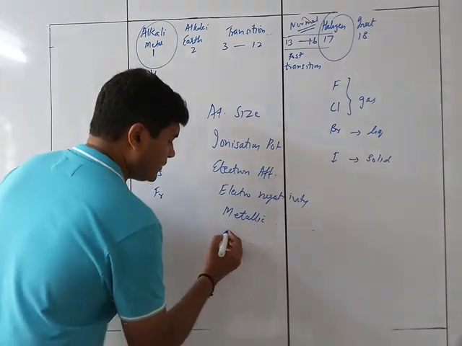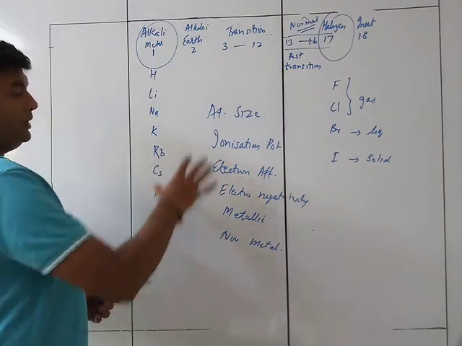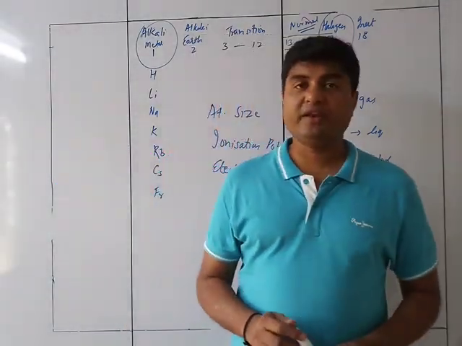We consider these as two separate ones, metallic, non-metallic. So these are the 6 different properties we are going to learn, and these are very, very important part of the chapter.